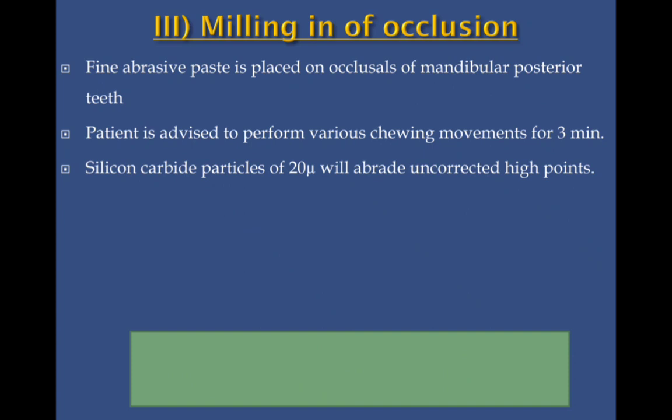Whatever unfinished or unknown contacts which couldn't be visible or couldn't be eliminated during your lab remount or clinical remount, during this selective grinding procedure, with the use of abrasive paste, all the minute things are going to be trimmed off by this abrasive material.